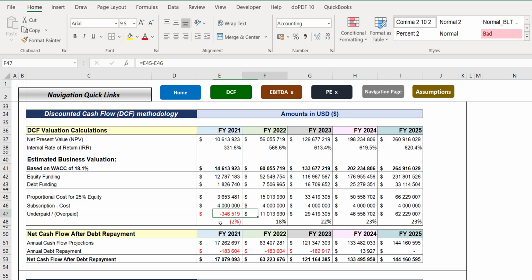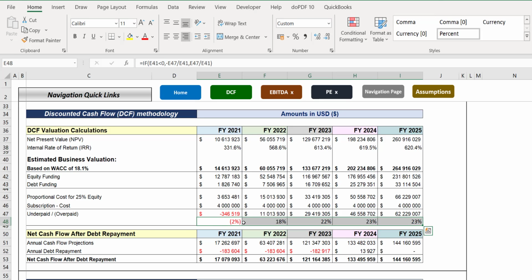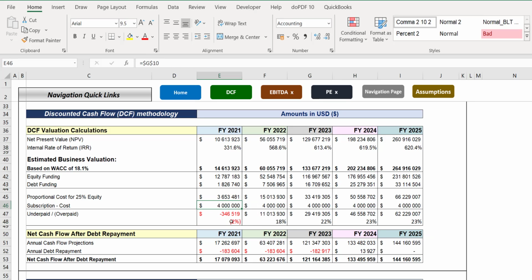However, if you go and look at the years going ahead on the forecast, it means he's effectively underpaying quite substantially, and it shows the amounts as well as the percentages of overpayment or underpayment. So although in the first year the investor might be overpaying in the current year, he's certainly going to get a much better return in the future. So this is the purpose of the calculation, to show that.